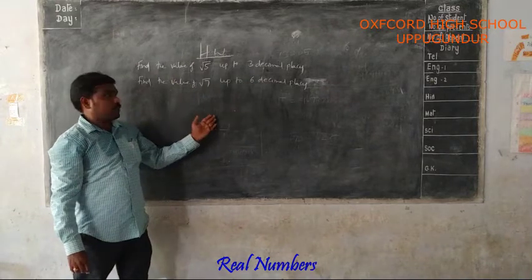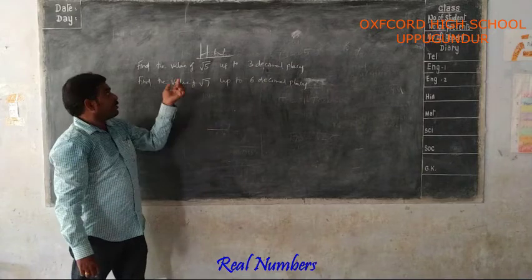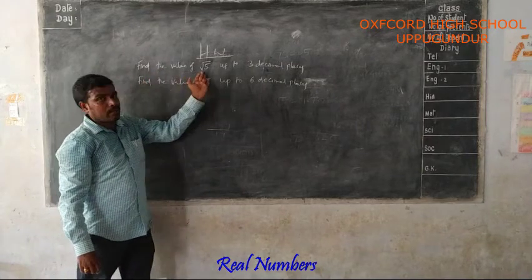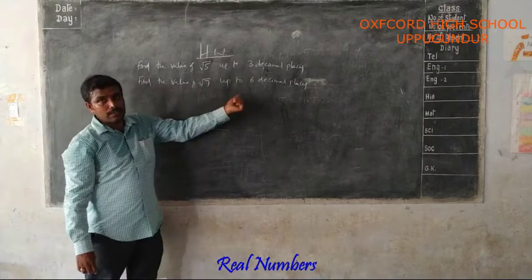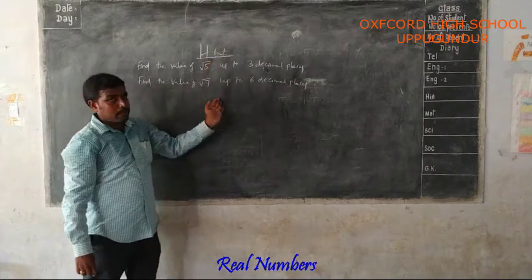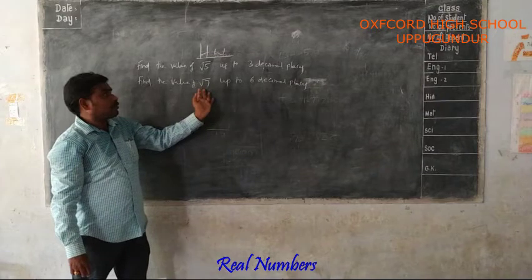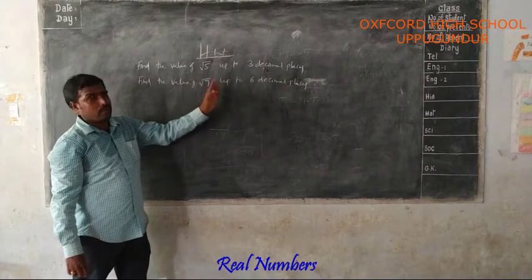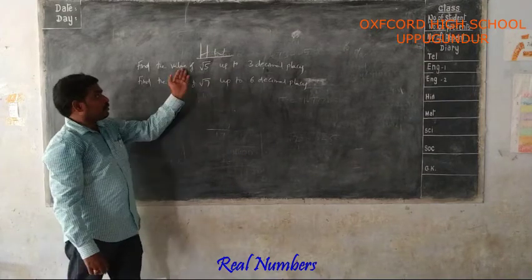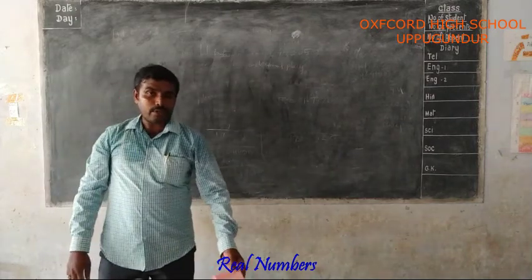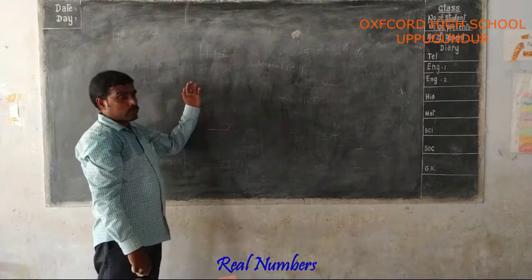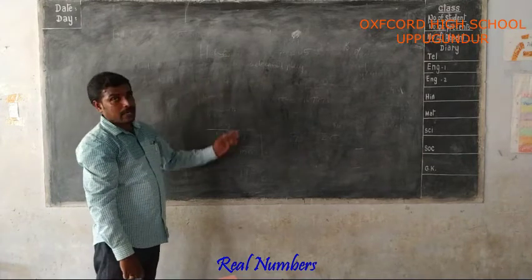Up to now, what you have listened to about root 2 and root 3, in the same way you have to find root 5 up to 3 decimal places and root 7 up to 6 decimal places. These two problems you have to do. If you have any doubts, you can ask afterwards. You are finding the value of square roots of non-perfect squares by the long division method.